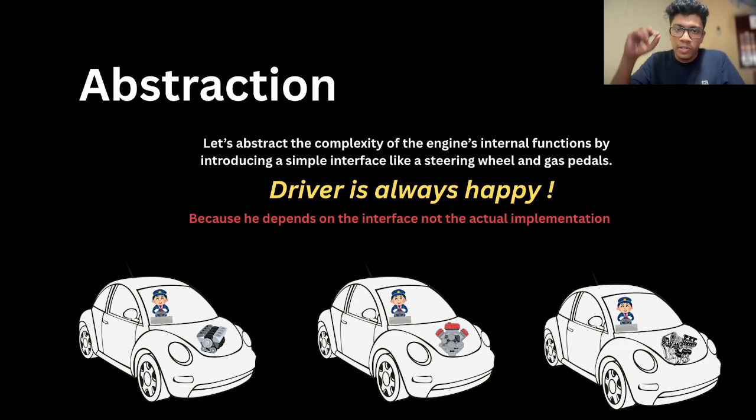So, as the slide says, abstract the complexity of the engine's internal functions by introducing a simple interface like a steering wheel and a gas pedal. So the driver is always happy. Why? Because he depends on the interface, not the actual implementation. That is the concept of abstraction.